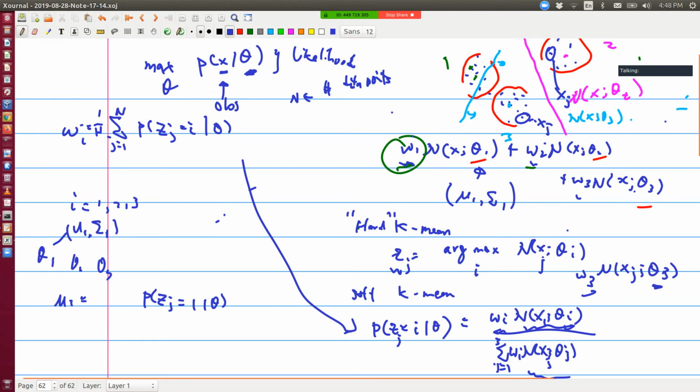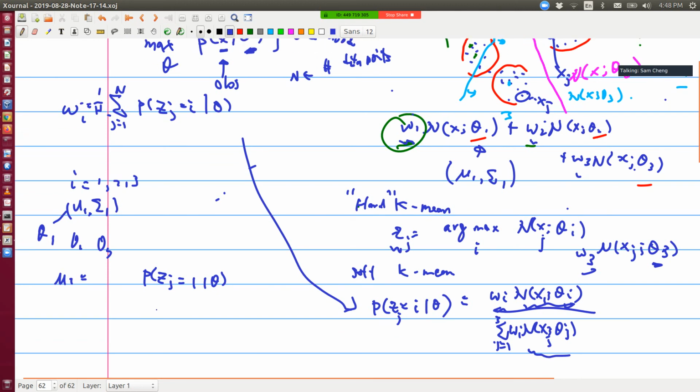Now here, P(Cj) is my membership, and for that point I have xj, right? Yes, that's xj, and then I simply weight the sum with that, j equal to 1 to n.